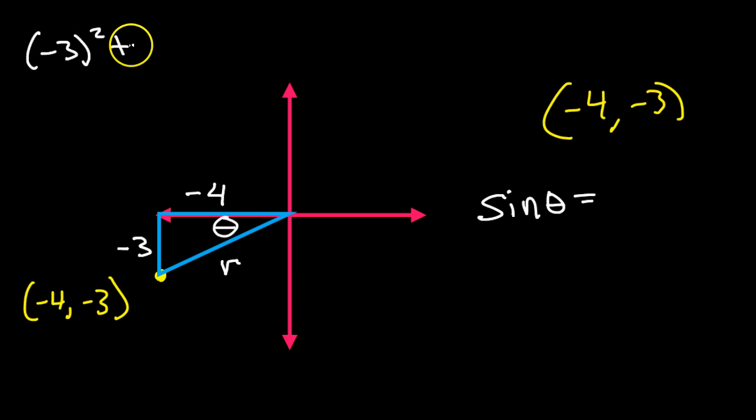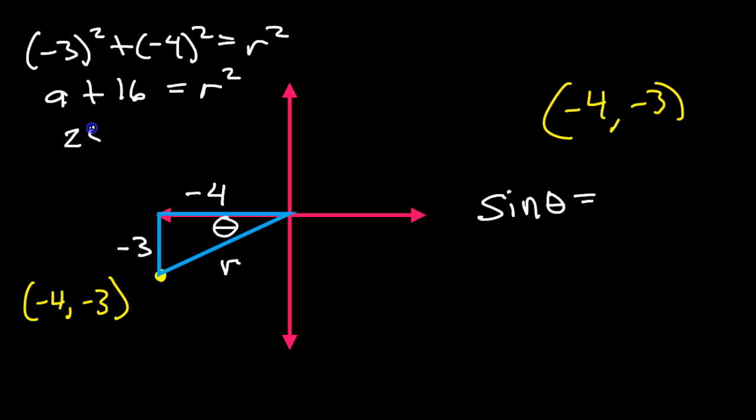So -3 squared plus -4 squared equals r squared. That's 9 plus 16 is equal to r squared. So that's 25 is equal to r squared. Taking the square root, we find that the radius is 5, this hypotenuse. So great, now I know that this is 5.